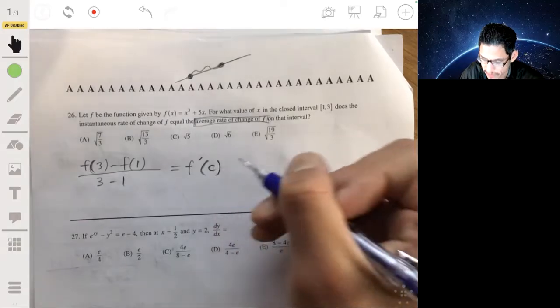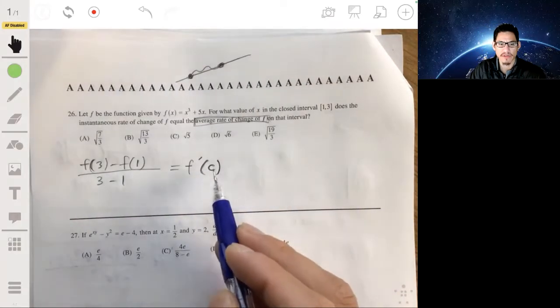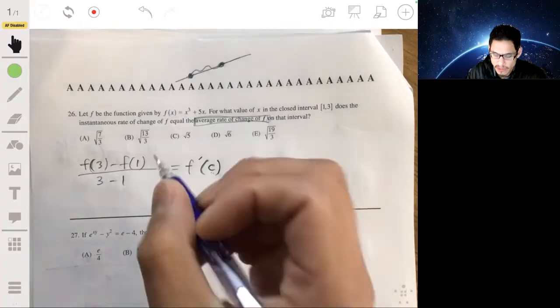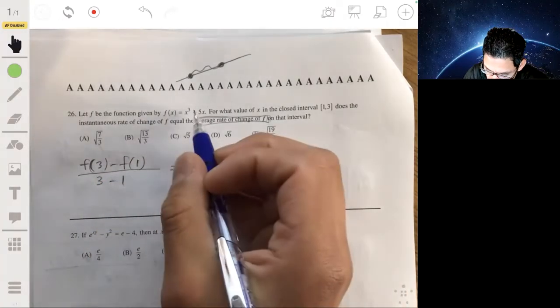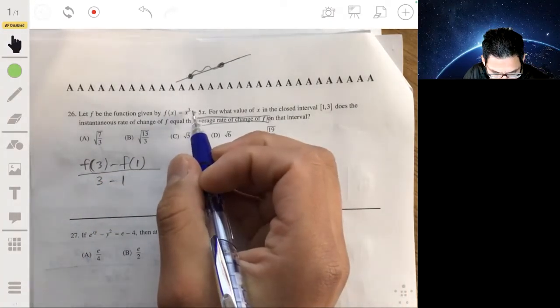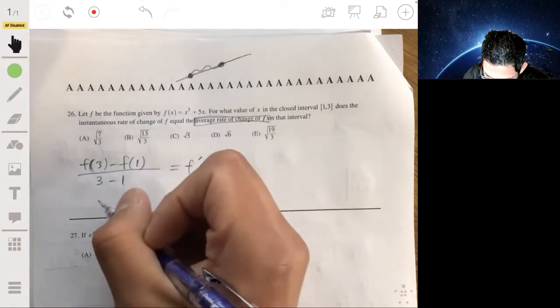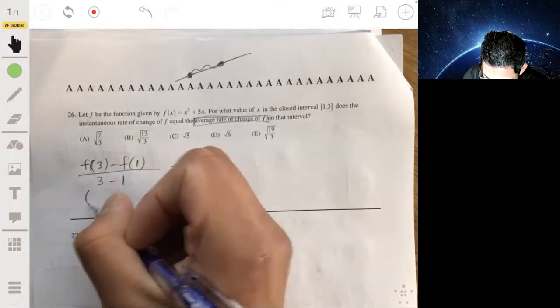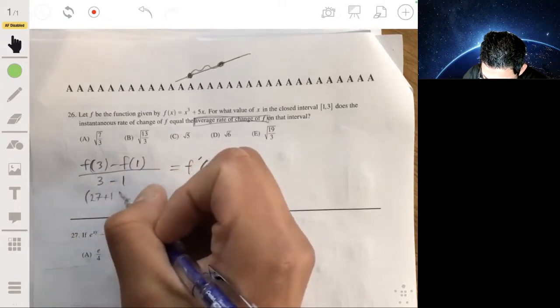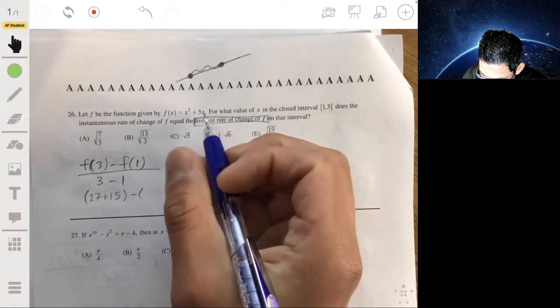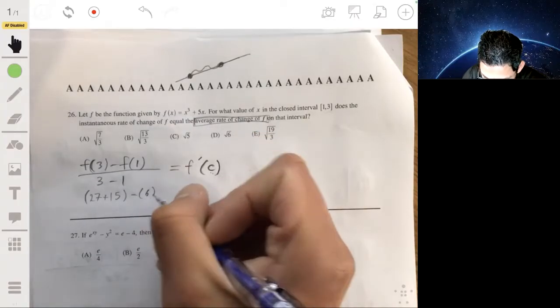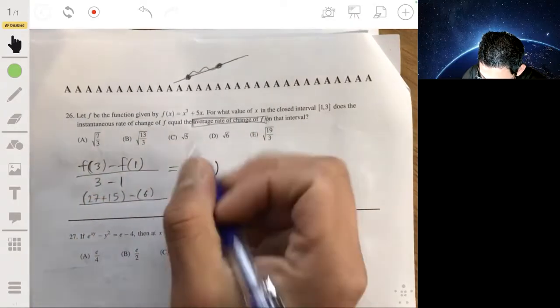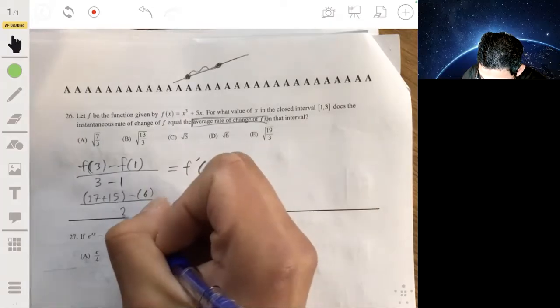So we essentially need to solve for that value of c. Let's first evaluate what this is. F of 3 will be 27 plus 15, minus f of 1, so 1 plus 5, 6, all over 2.